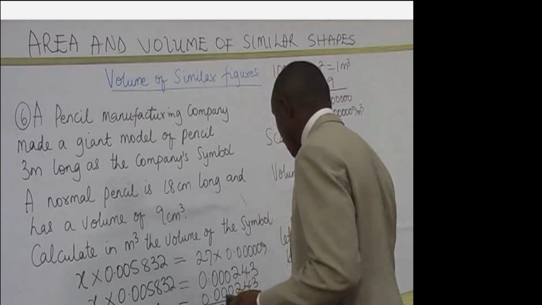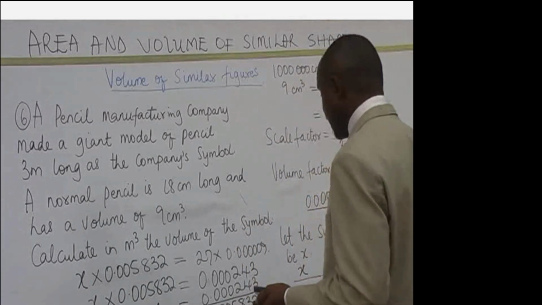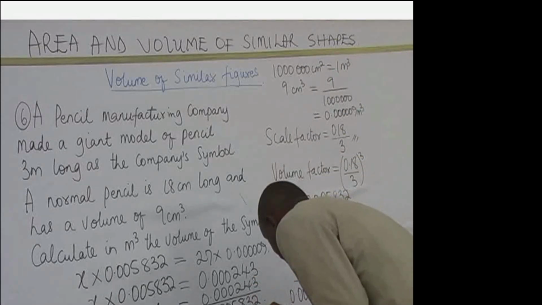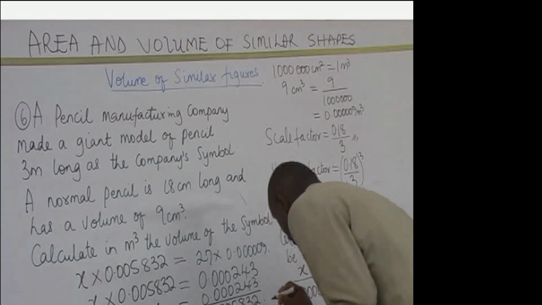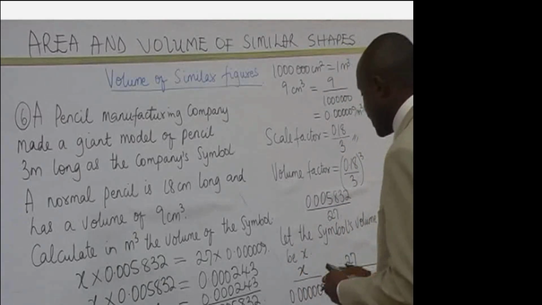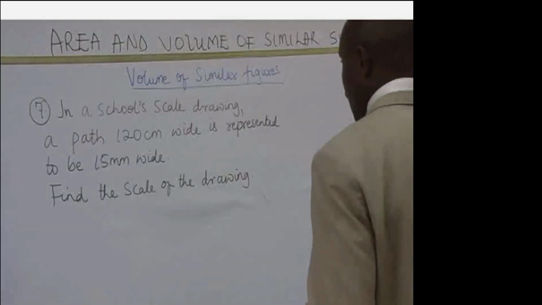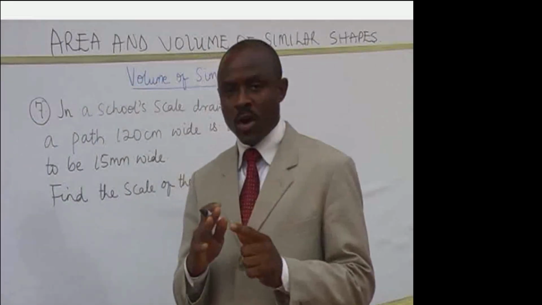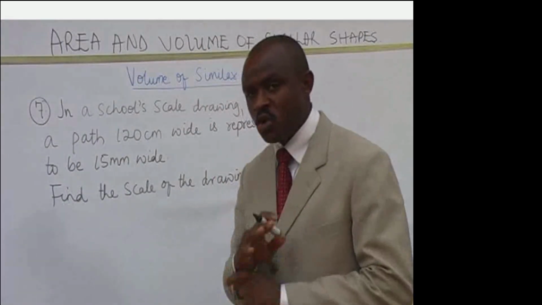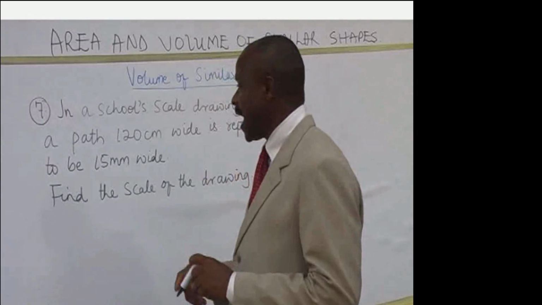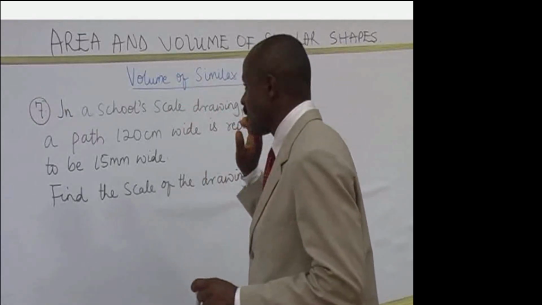I've rounded it to 4 decimal places. Since it's asking for volume, this is going to be in meter cube, and that is the answer to that question. With this question, I want to drop my curtain and close my door.